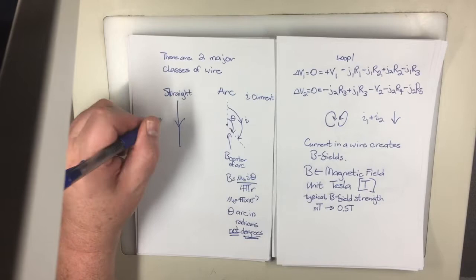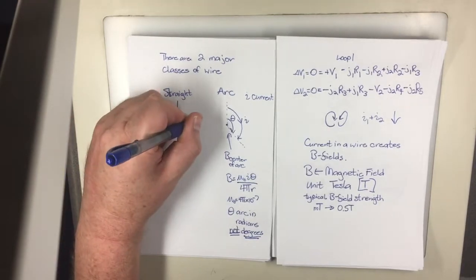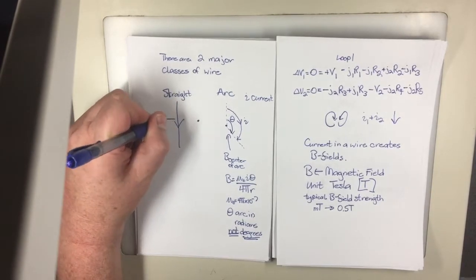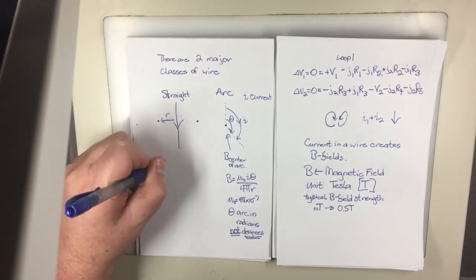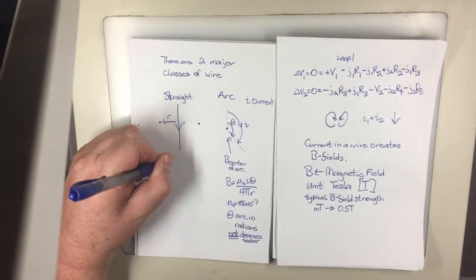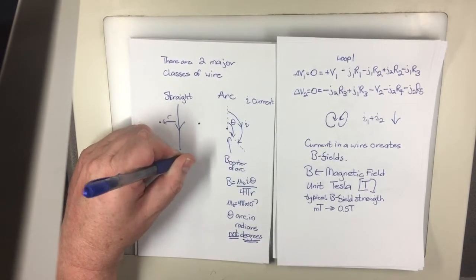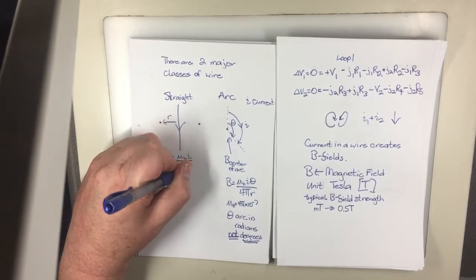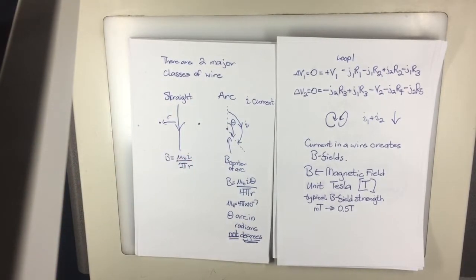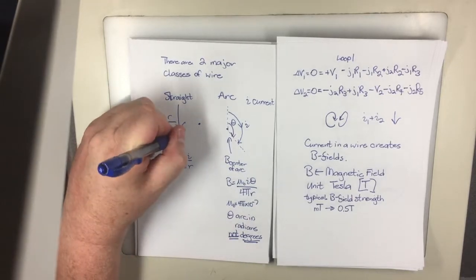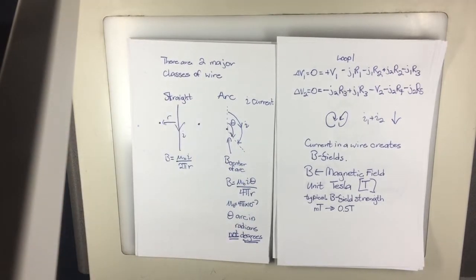For a straight wire, it could be left or right, it could be at any distance r, and the B field at this point is mu naught I over 2 pi r. I is the current, mu naught is the constant, r is the distance to the point.